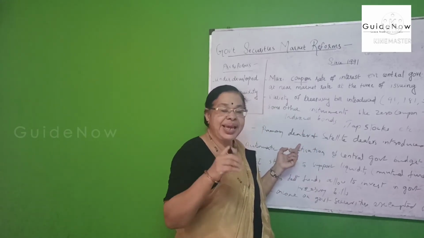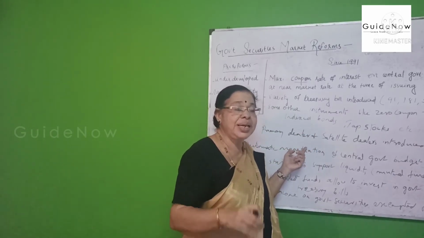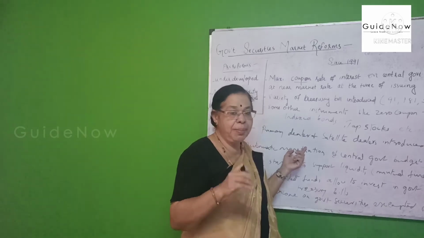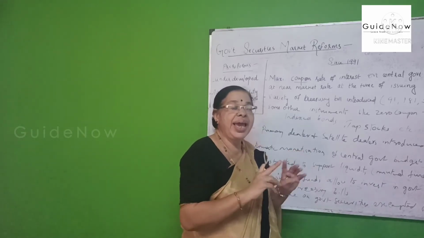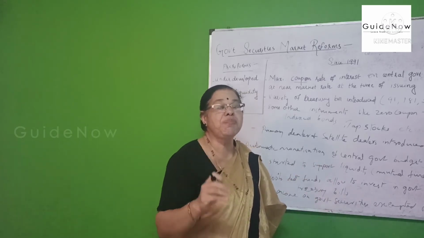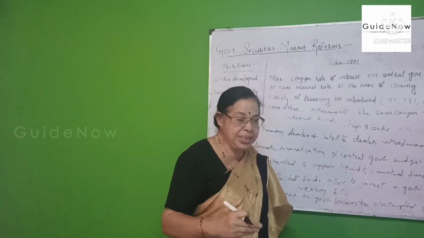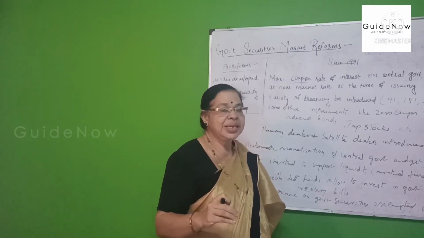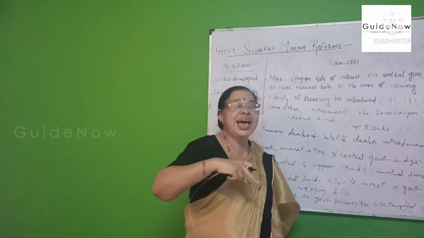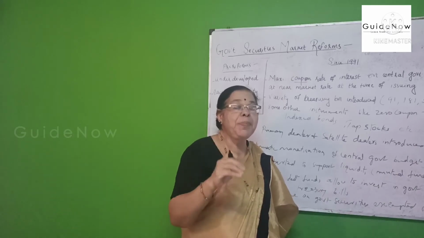Then capital indexed bonds. Capital indexed bonds show that the base payment of the bonds rises and falls according to the consumer price index. Based on the consumer price index, there is a rise and fall of the bonds' base payment.